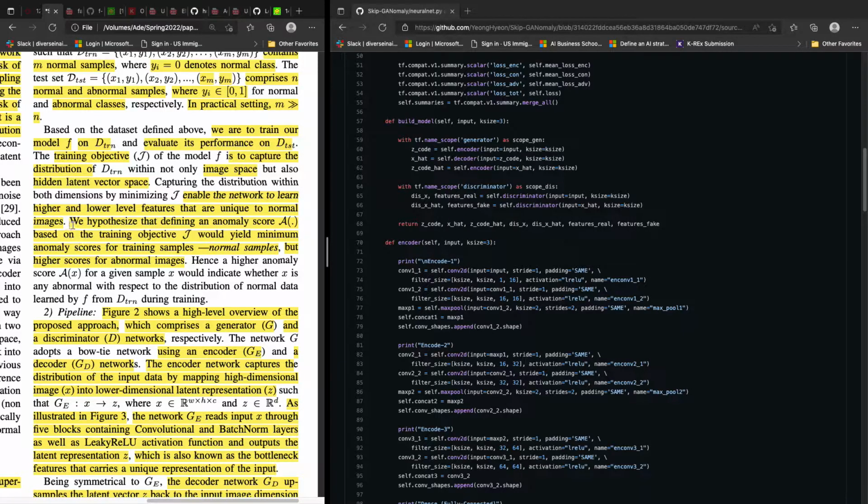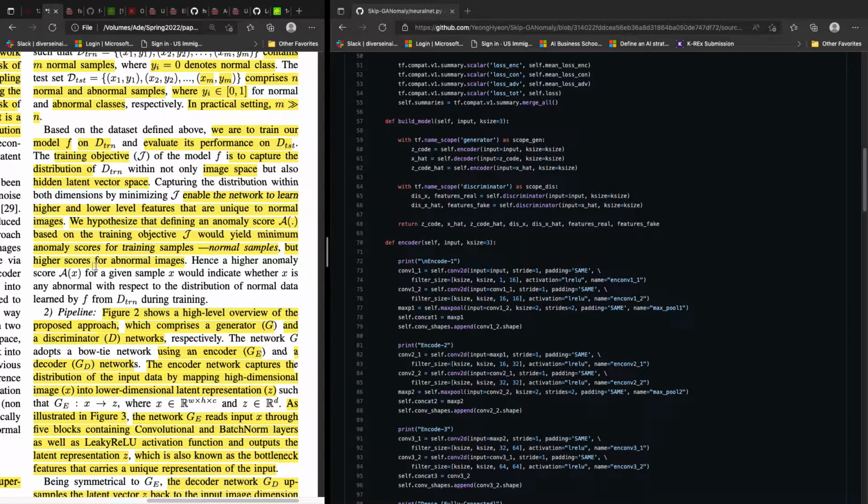And what we hypothesize, our assumption, is that the anomaly score, which is also a function represented by this mathematical symbol, based on that training objective tau, will yield a minimum score for the normal sample, since it's been well trained on both the image space and the latent vector space.